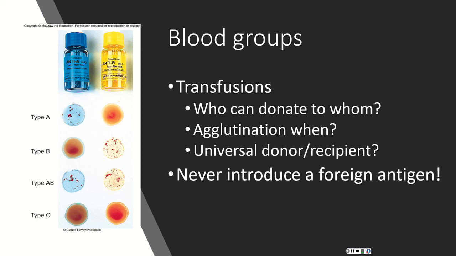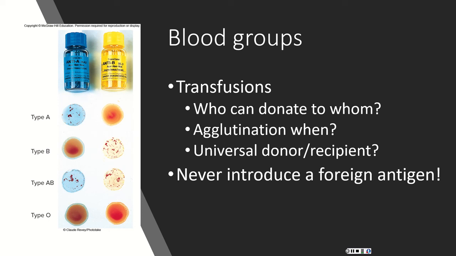O negative doesn't have any antigens at all. O negative we call the universal donor, because we can introduce that to anything without worrying about introducing a foreign antigen.